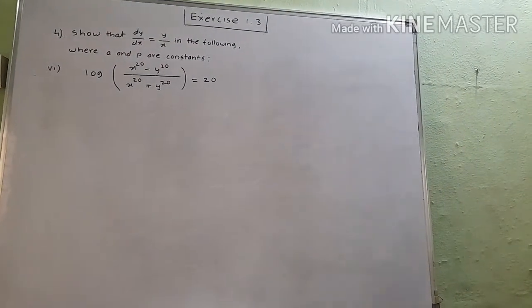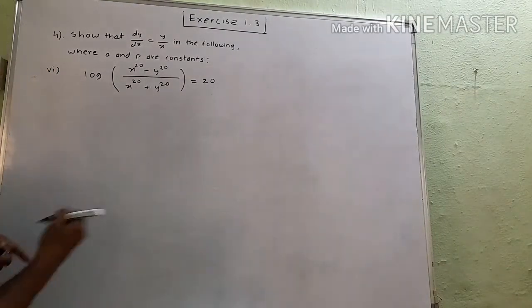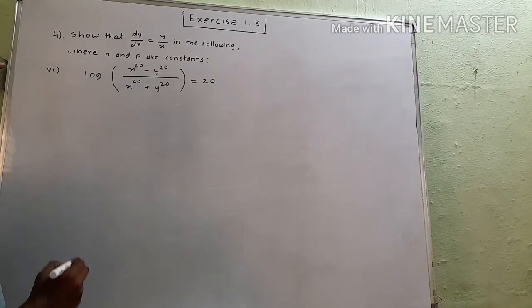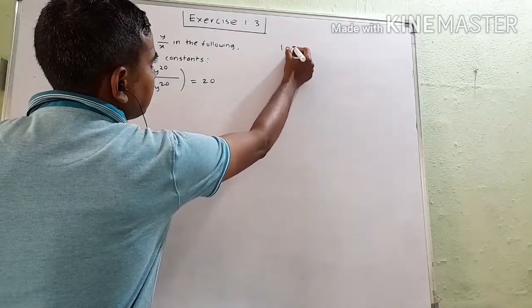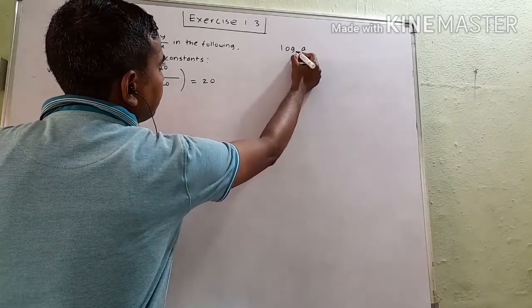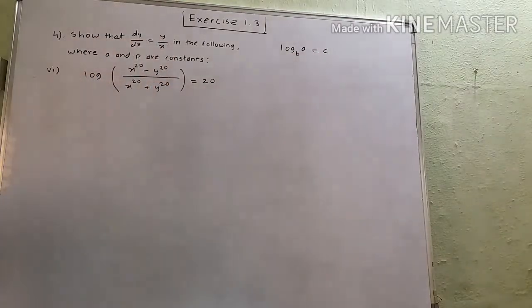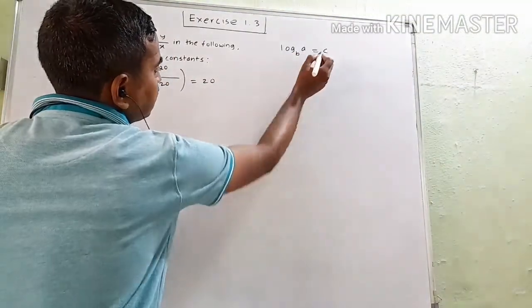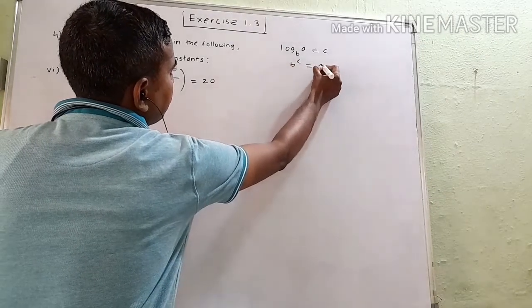Now to solve the sixth example. In the sixth example, you have to use the relation between logarithmic function and exponential function. First of all, I will write the relation between log and exponential function. If log a to the base b equal to c, then the conversion of this logarithmic function into exponential function is, we can write b raised to c equal to a.